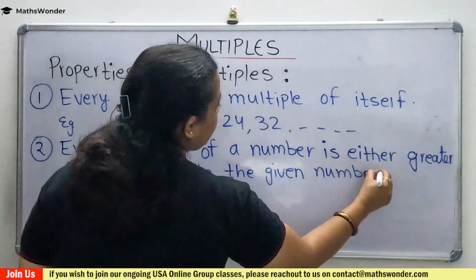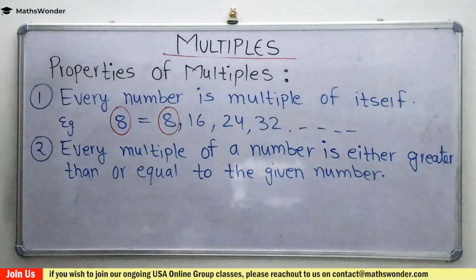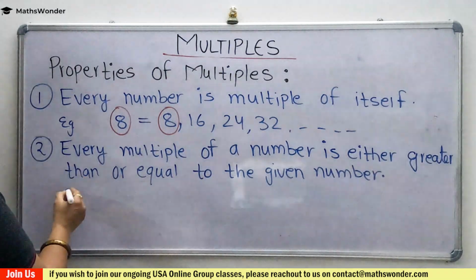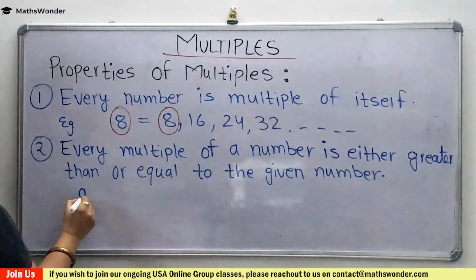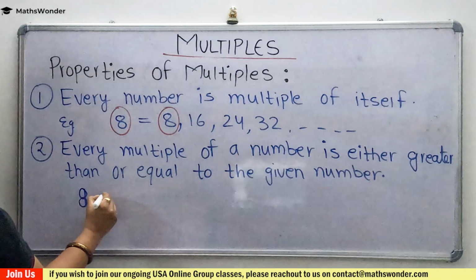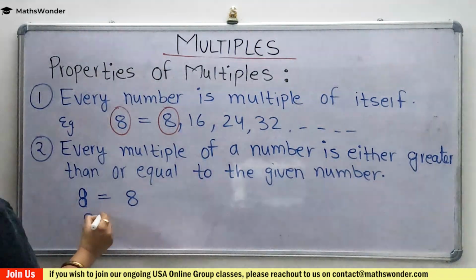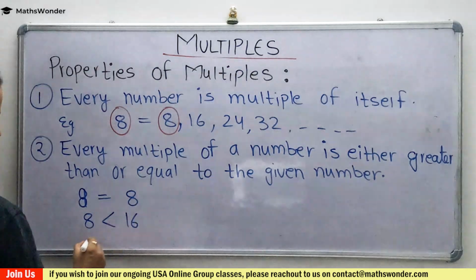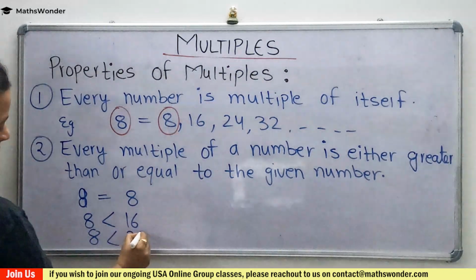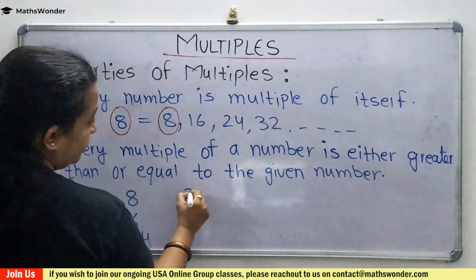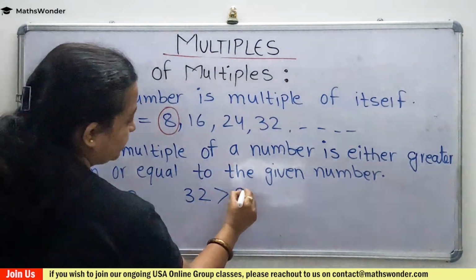All the notes, keep them safe. It's very important. Suppose 8, the same example. 8 is equal to 8, but 16 is greater than 8, 24 is greater than 8, 32 is greater than 8, and so on.